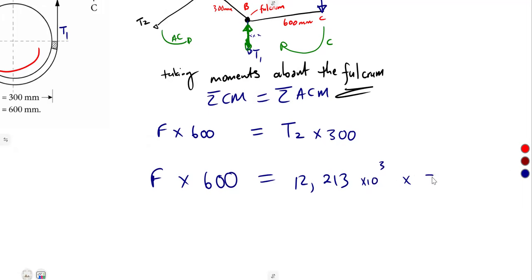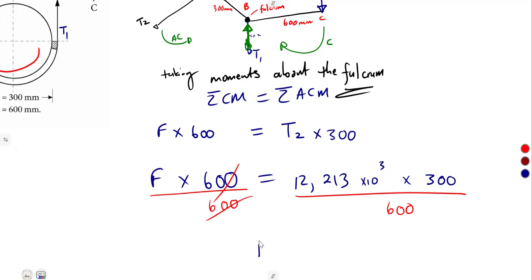Times this 300. So whatever you have here, divide by 600. So our F is going to be, whatever value you have, divide by 1000 to convert to kilo.